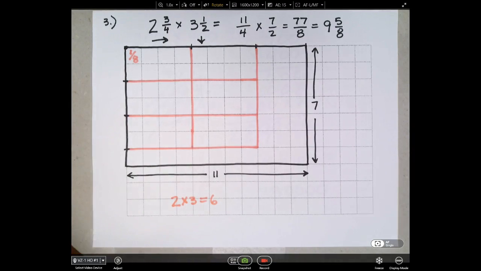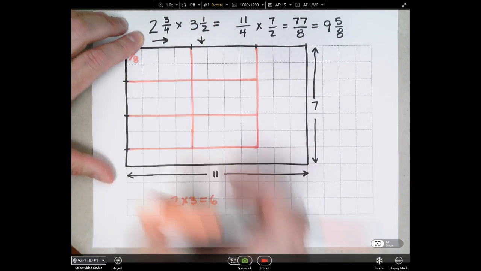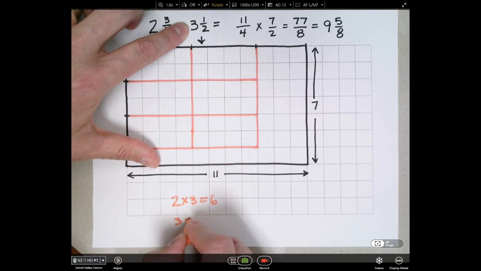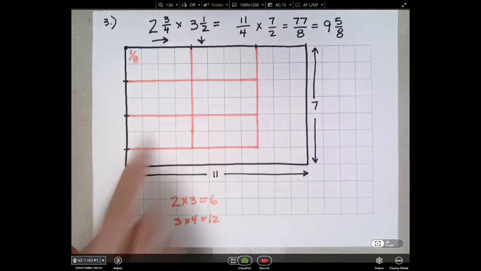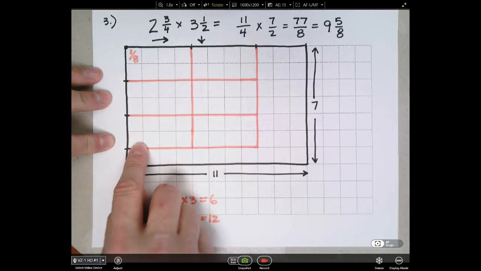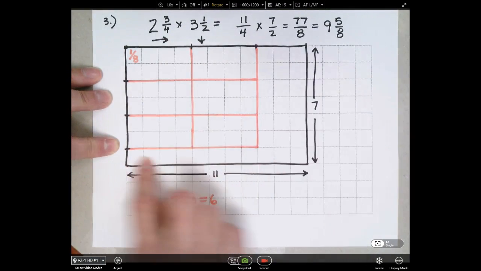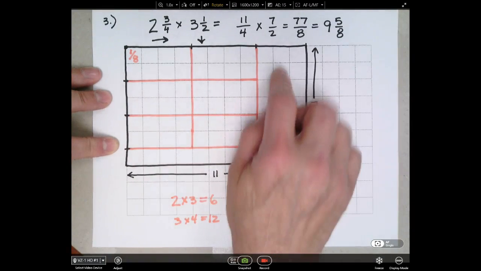But another thing I know is that 2 3/4 is less than 3. And 3 1/2 is less than 4. And 3 times 4 is equal to 12. Okay, so if I'm looking at this, here's my box that is 2 by 3. Okay, and I see that my area is greater than 2 by 3. So my answer has to be greater than 6.